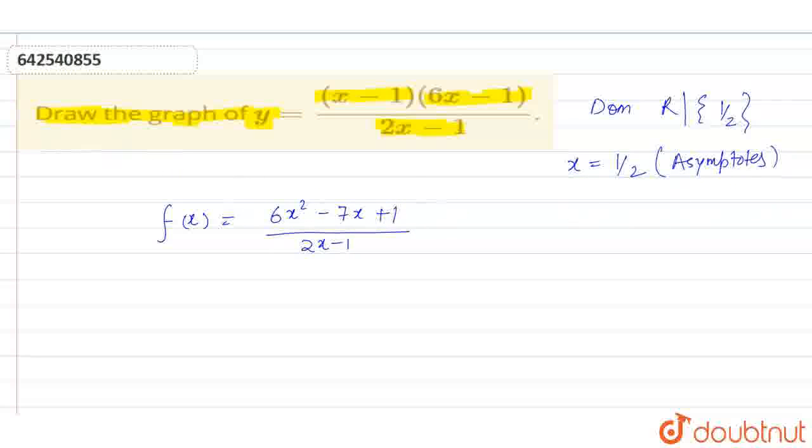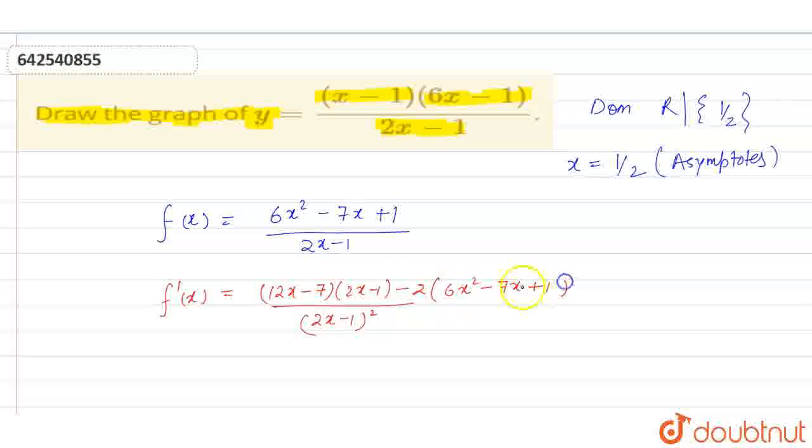Now f dash x will be, over (2x minus 1) whole square, differentiation of numerator, 12x minus 7, into (2x minus 1), minus differentiation of denominator, 2, into (6x square minus 7x plus 1).